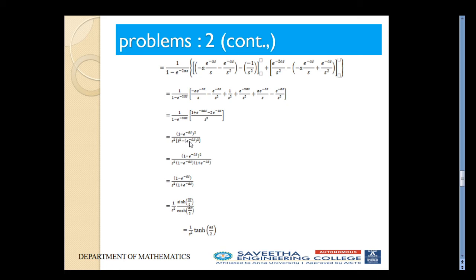This is of the a square minus b square format, a plus b into a minus b. Now 1 minus e power minus as and 1 minus e power minus as will cancel. So we get 1 by s square into 1 minus e power minus as divided by 1 plus e power minus as. This is the formula of sinh as by 2 divided by cosh as by 2. Now sinh by cosh we write as tanh of as by 2.